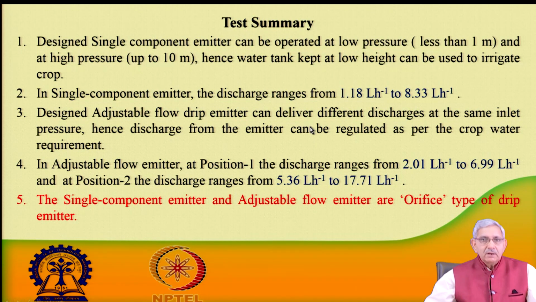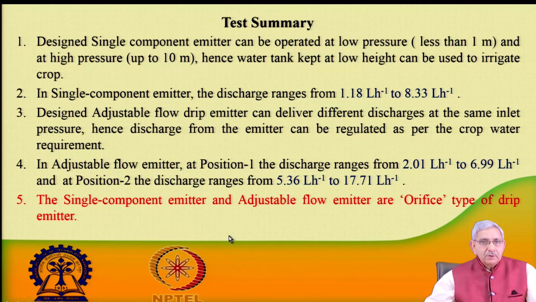The designed adjustable flow drip emitter can deliver different discharges at the same inlet pressure. Hence, the discharge from the emitter can be regulated as per the crop water requirement. In the adjustable flow emitter at position 1, discharge ranges from 2 liter per hour to 6.99 liter per hour, and at position 2 it is from 5.36 liter to 17.71 liter per hour.